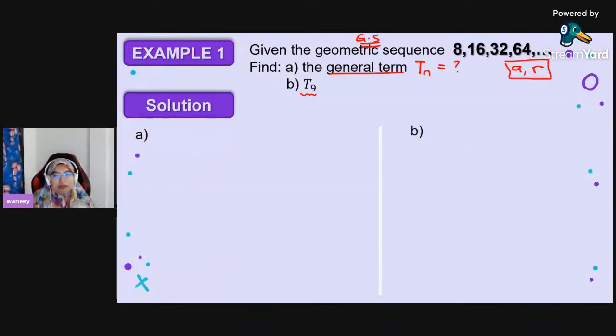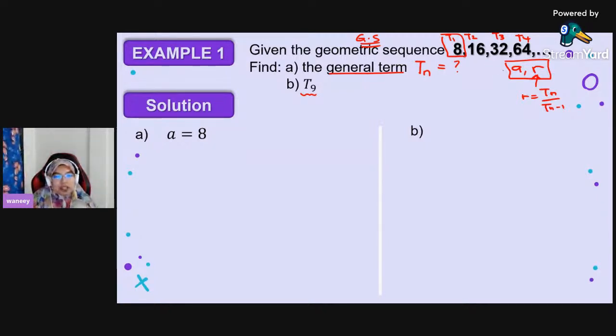So how to get the first term? Basically, this is T1, T2, T3, T4. So the first term is automatically 8. Okay, so how are we going to get the common ratio? R is equal to Tn over Tn minus 1. Since I know this is a geometric sequence, I can choose any of them.